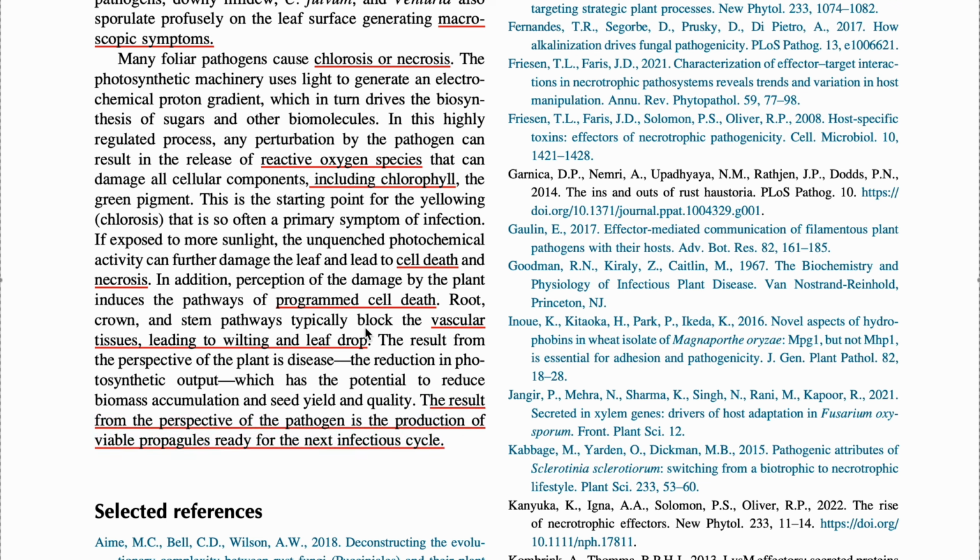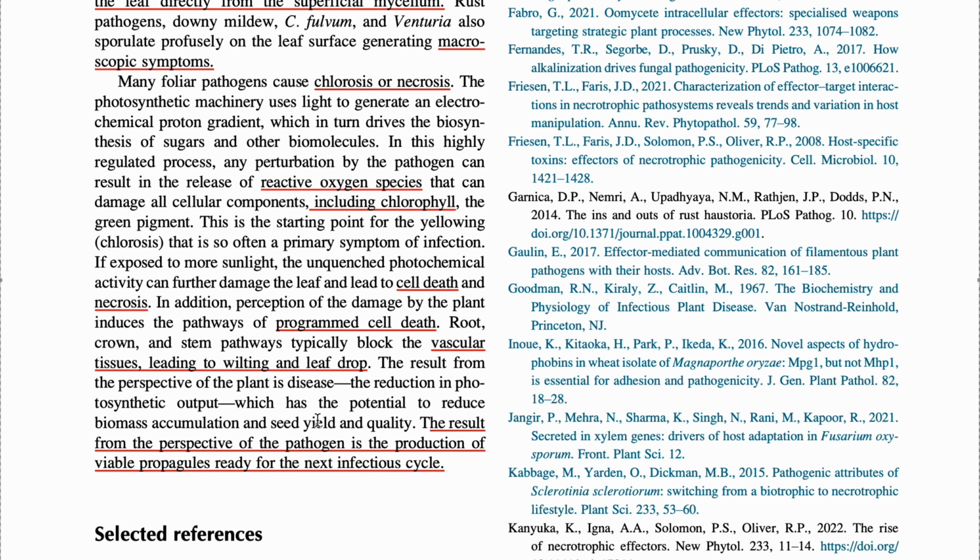Now, at last, we need to see what is the result that we should observe in the perspective of plant and with the perspective of pathogen. Let's read it again. The result from the perspective of plant is disease.